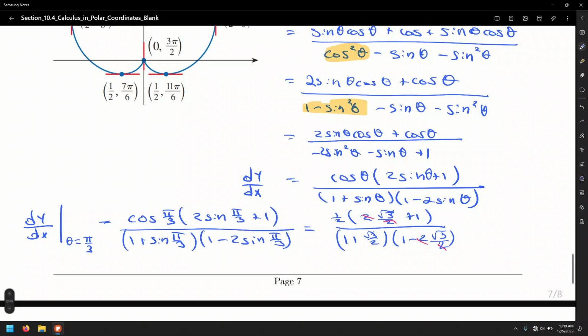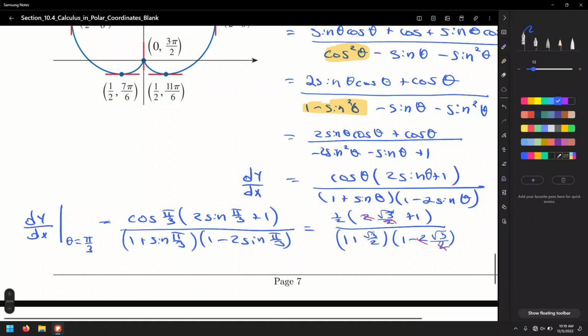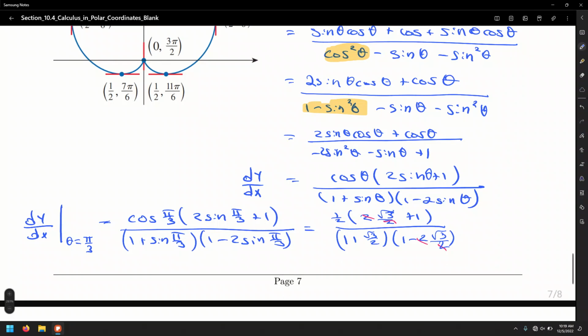And so these two cancel, and that's going to leave us with, for now, these two in the denominator of the numerator. I'm going to send it to the denominator, multiplying these two factors, 1 plus root of 3 over 2 times 1 minus root of 3.